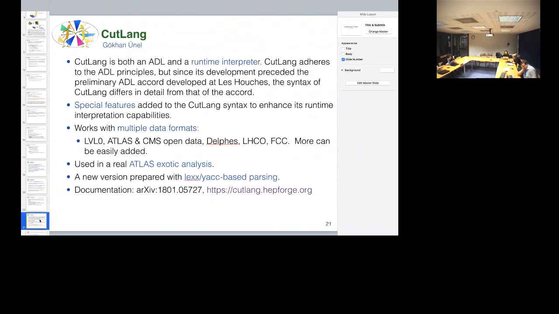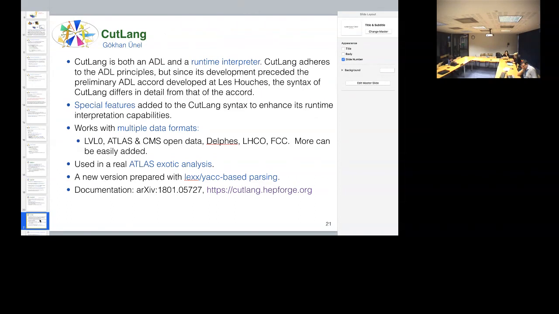And finally, we come to Kotlin, which is the one and only interpreter. This is a runtime interpreter that directly interprets the ADL. As I mentioned before, this tool adheres to the ADL principle, but since its development began before the Accord as developed at Les Houches, its syntax is somewhat different in detail from that of the Accord.